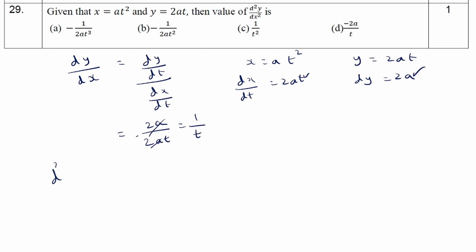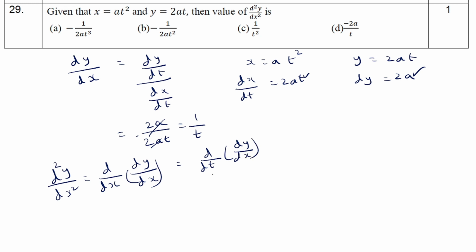Now d square y by dx square is equal to d by dx of dy by dx, or it is equal to d by dt of dy by dx upon dx by dt.